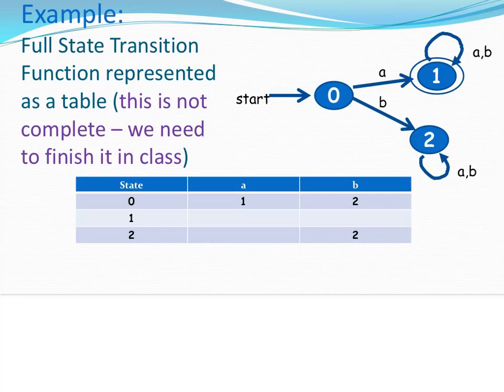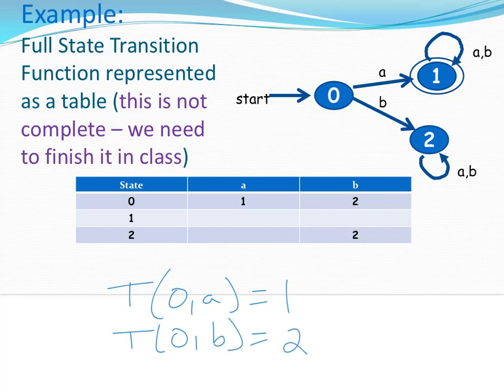Now, we could write each of these transitions out one by one. So we could say something like the transition, if I'm at state 0 and I see an A, that's 1. And the transition, if I'm at state 0 and I see a B, that's 2. But that gets very tiring very quickly. So we can put it into a table.